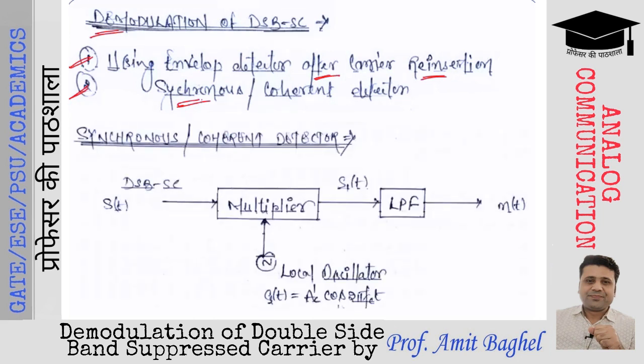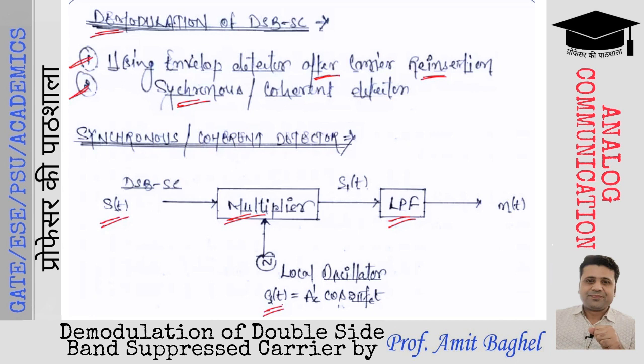The diagram is the same, consisting of a multiplier as well as a low pass filter. Inputs of the multiplier are s(t), which is the modulated waveform, and c(t), or better to say c_L(t), which is the local oscillator generated carrier waveform.